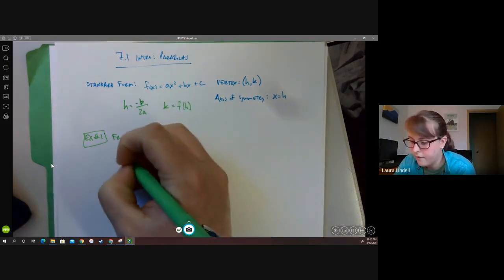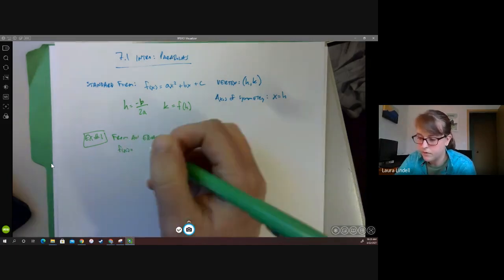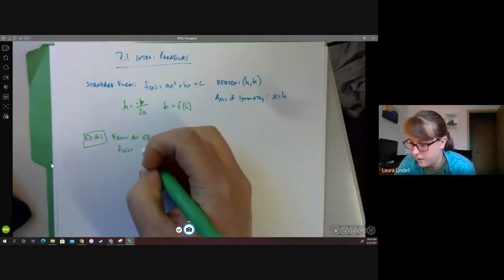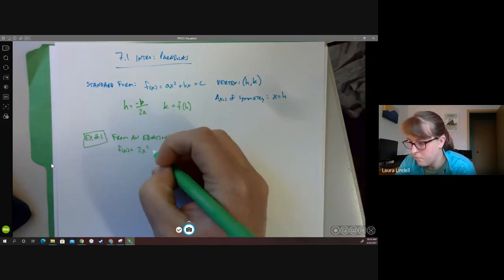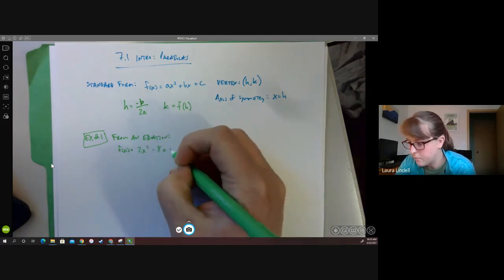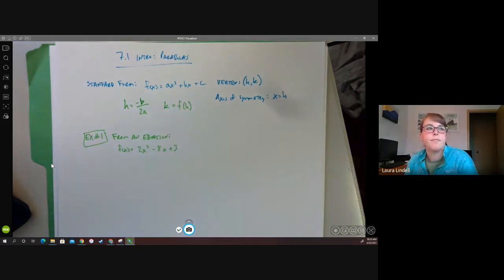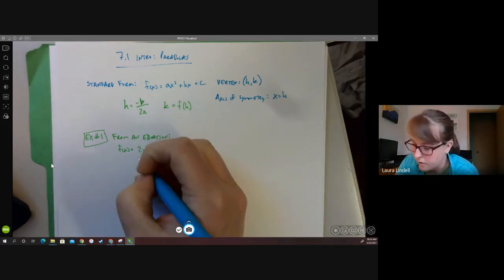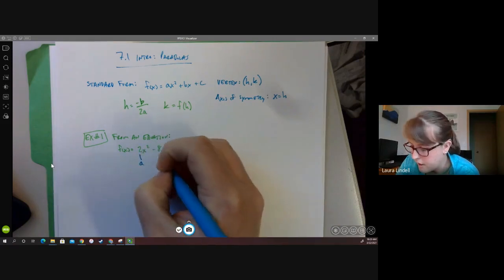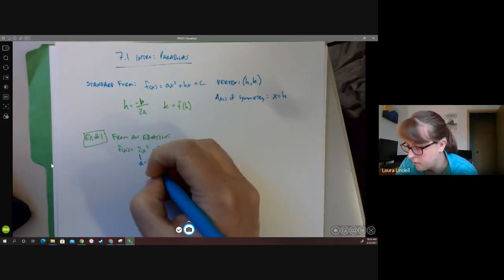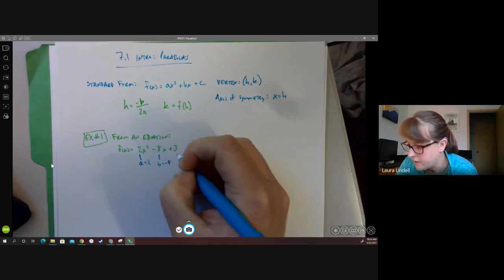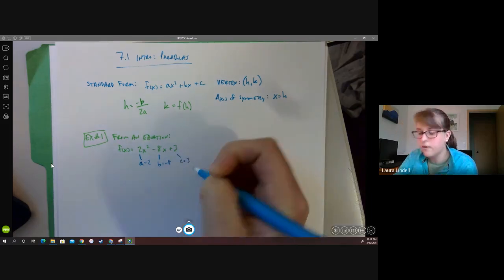we're going to have f of x equals 2x squared minus 8x plus 3. Okay, so from the equation, we notice that 2 is a, b is negative 8, and c is 3.